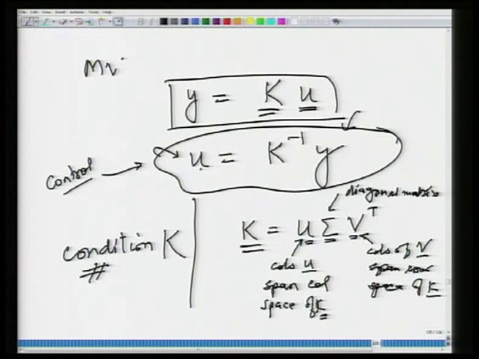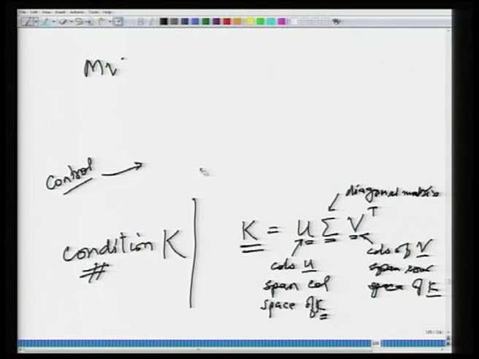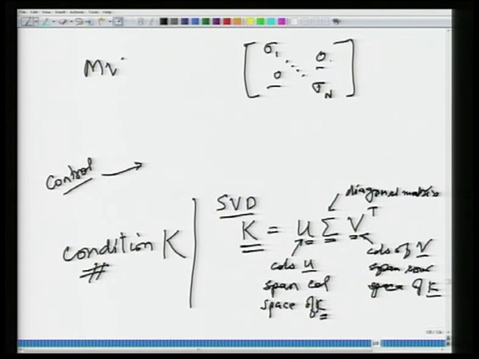and since it is a diagonal, the property that SVD gives is that these singular values are in decreasing order. What that means is sigma 1 is greater than sigma 2 is greater than and so on, greater than sigma n.